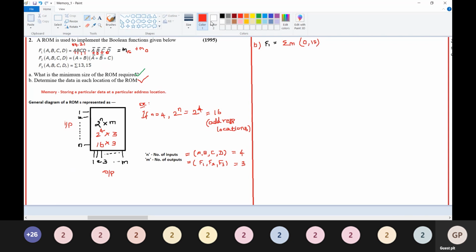So now go to the F2. Now we'll go to the F2. This is the given function: (A plus B) into (A' plus B' plus C).